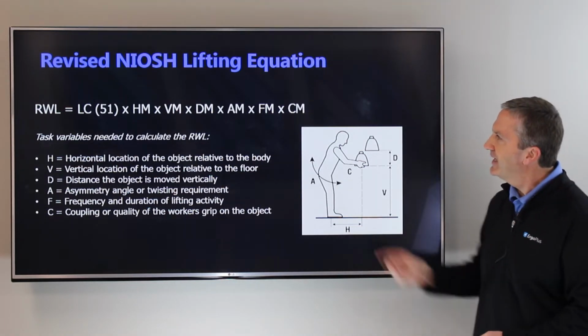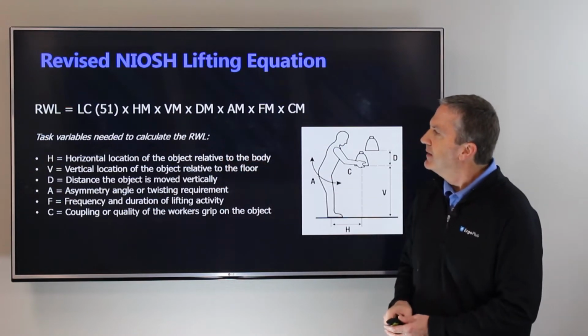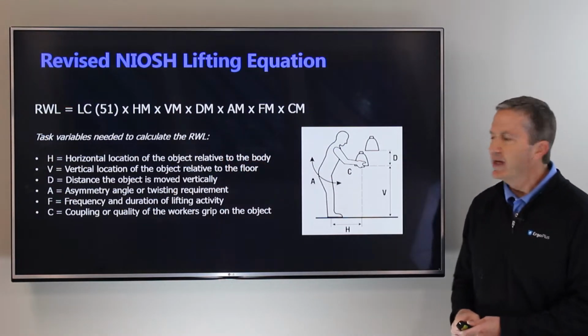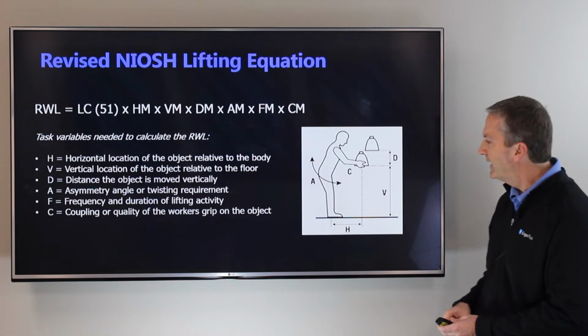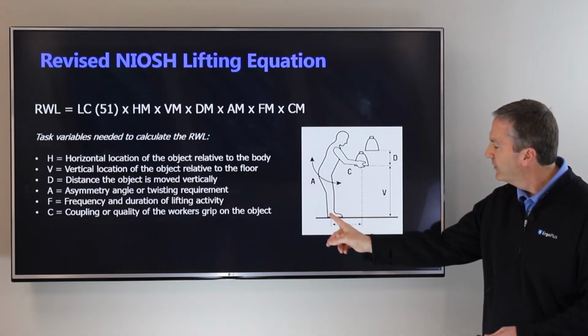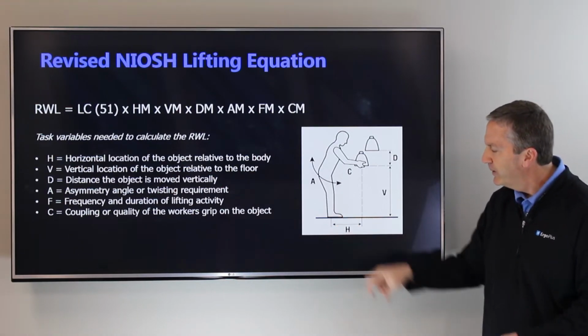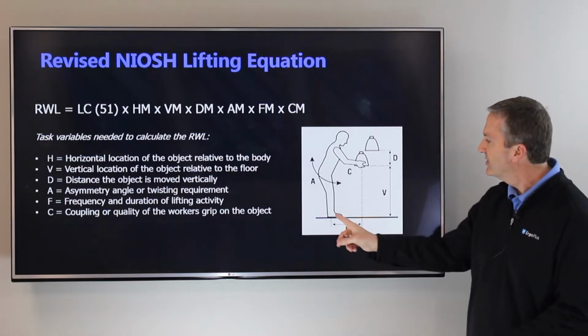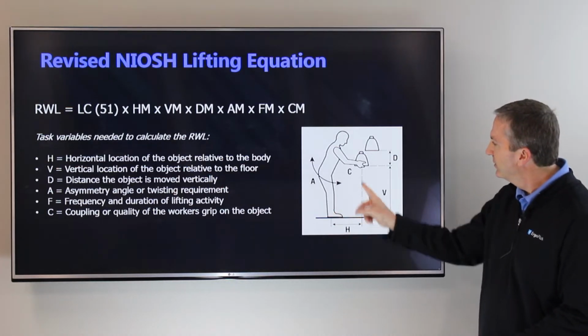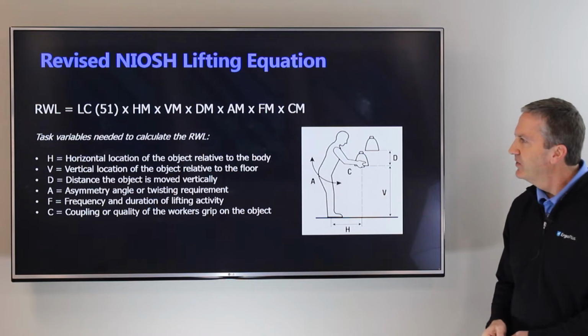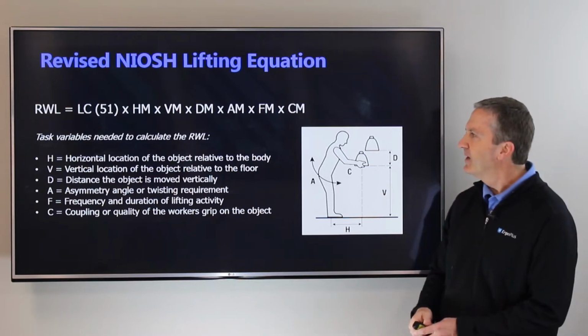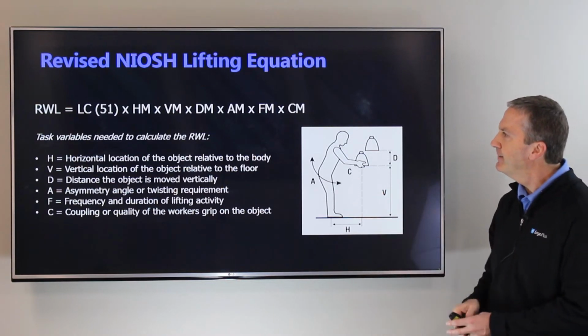So the H multiplier is for the horizontal location of the object relative to the body. From the midline of the body, you measure between the inside ankle bones to the load center, and that will give you the horizontal location of the object relative to the body.